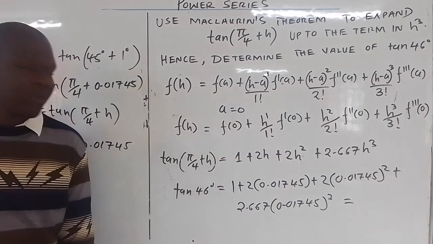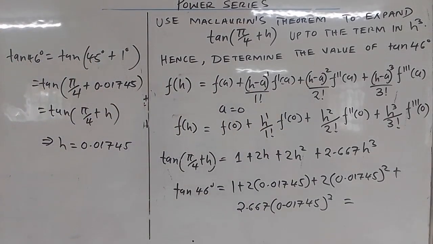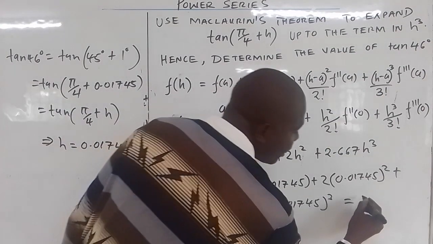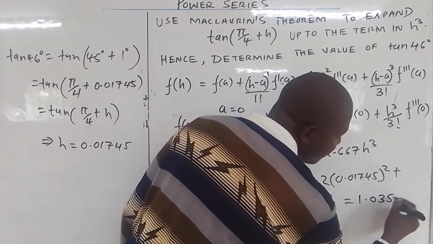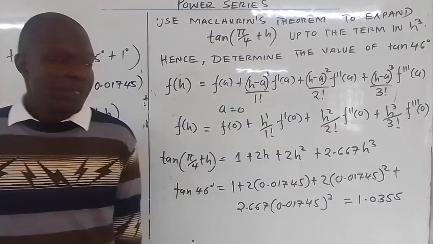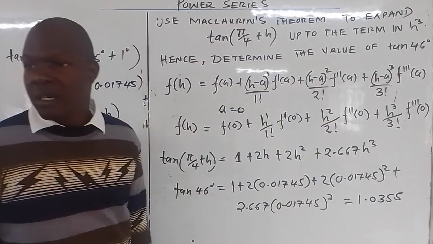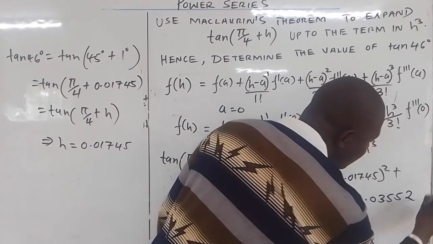What do you have if you do that? If you substitute the value of h, what do you have? What do we have? 1 point, to 5 decimal places, 1.03552.